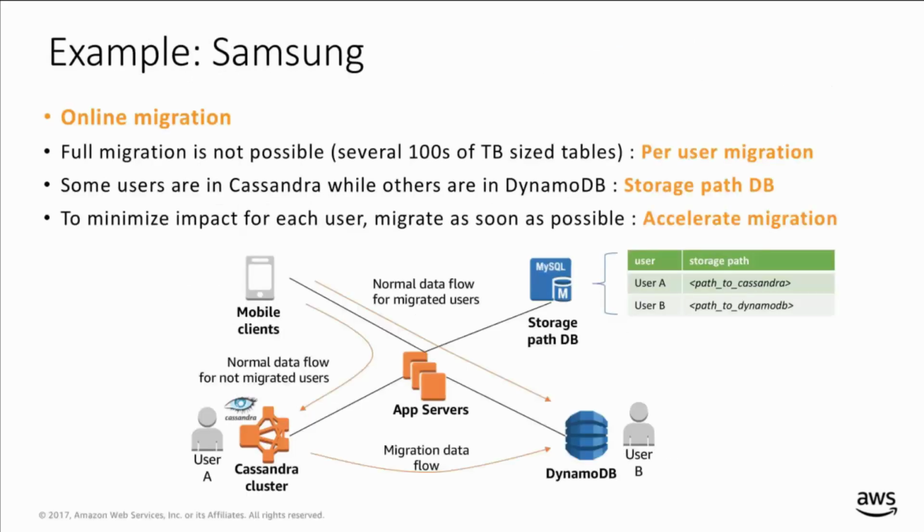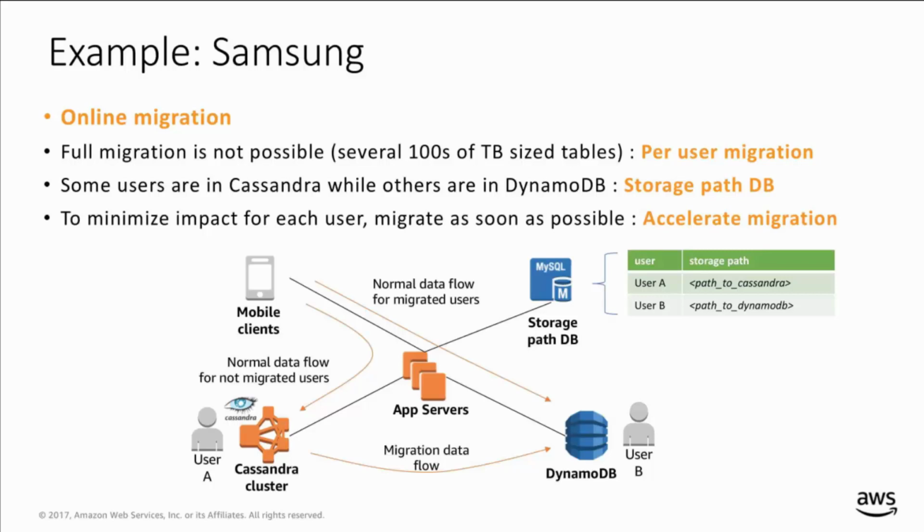So for example, Samsung did their migration for their cloud service online. They decided that there was just too much data to do a full migration, and so they did this as a per user migration.